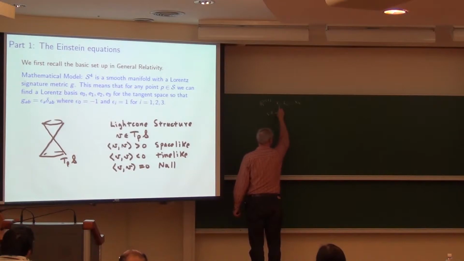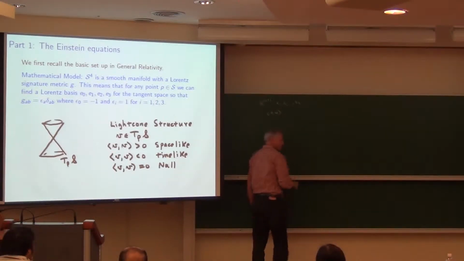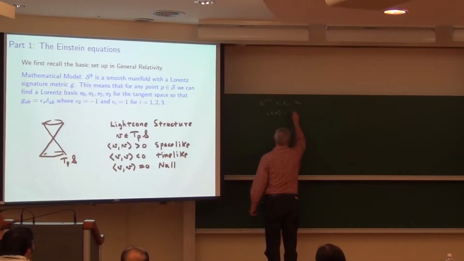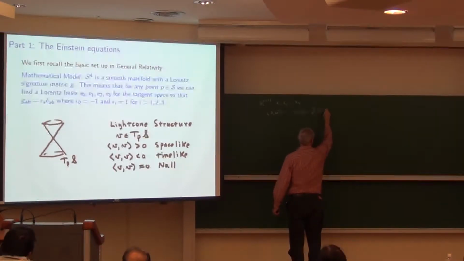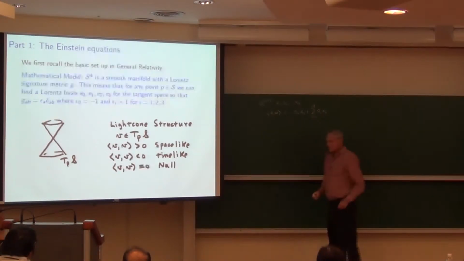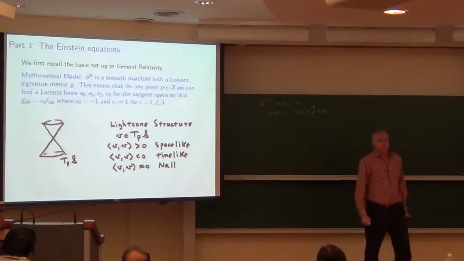So if we take two vectors and express them in terms of the standard basis, then the vectors have components v0 up to vn. And so the v0 component comes with a minus sign, so it's -v0 w0, plus the sum. Okay, and so that's the basic linear Lorentz model.